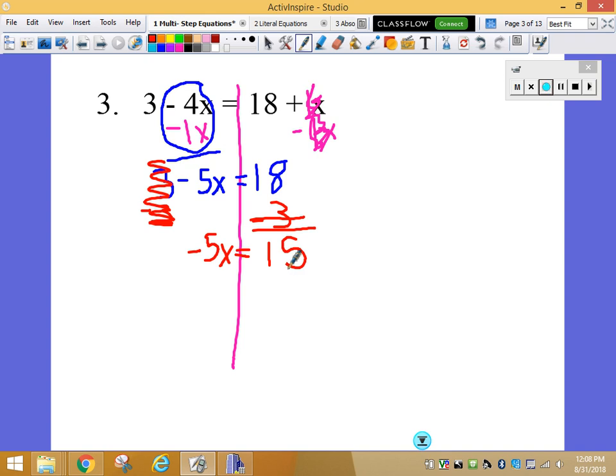Last step, step 4, is to divide. So I'm going to divide by negative 5 on both sides. So these cancel. 15 divided by negative 5 is negative 3. You could plug it into both sides and you would get 15 as your answer on both sides. If you want to double check me, please do, but know that that answer is correct.